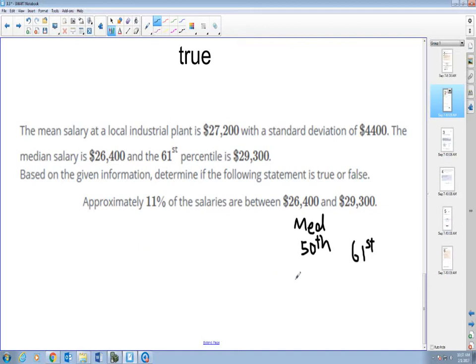So approximately 11% of the salaries are between these two numbers. That has to be true, because you go from 26,000 to 29,000, which means you're going from the 50th percentile to the 61st percentile. So the difference has to be 11%. That means 11% of the data lies between these two salaries. So that would be true. If you just subtract them, it will be 11%. So that's what percentile represents. It's just a different way to look at your data.